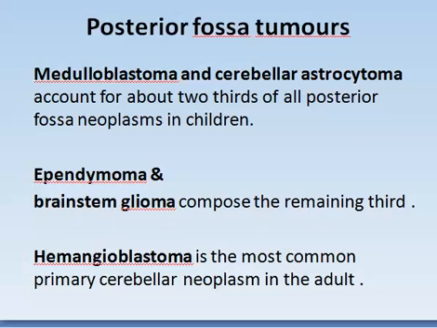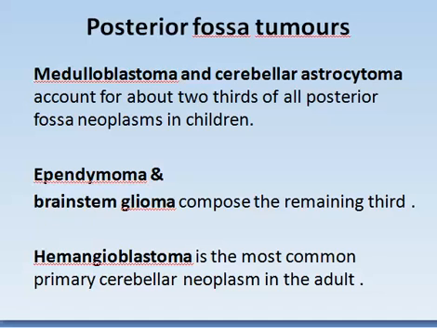It will be concerned with the posterior fossa tumors. We have 4 main posterior fossa tumors in children and 1 characteristic in adults. Medulloblastoma and cerebellar astrocytoma constitute 2/3 of all posterior fossa neoplasms in children.